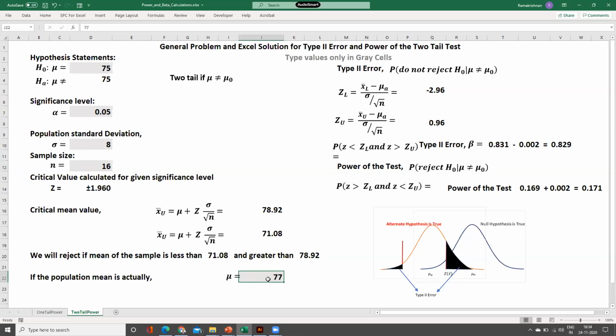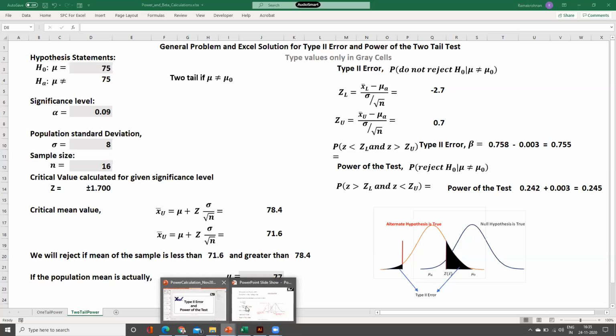That is, the alternate mu is not 75, but it is 77. So we will find this. Type 2 error is 0.829. Power is 0.171. Right? So what I will do is I'll make alpha 0.09. From 0.829, it decreases to 0.075. Okay. This is what I just wanted to show you.